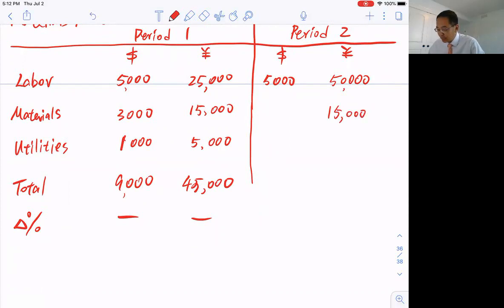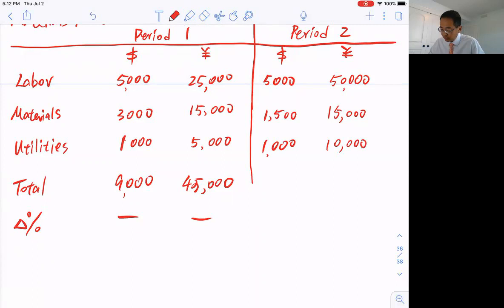So it's 15,000 in yuan, and at the new exchange rate of 10 yuan per dollar, the dollar equivalent is 1,500.